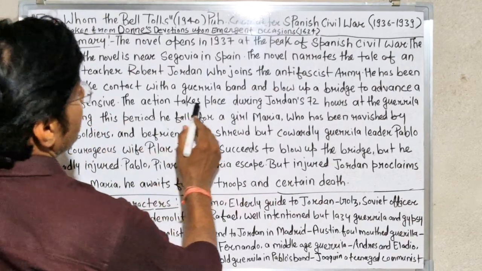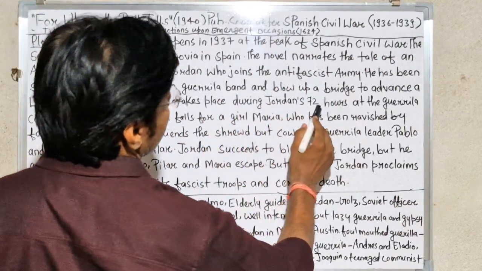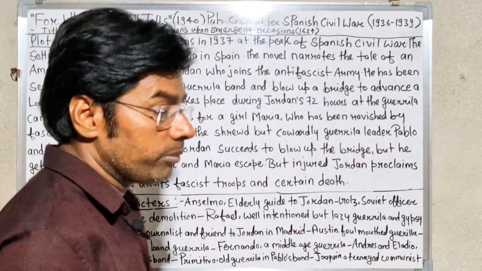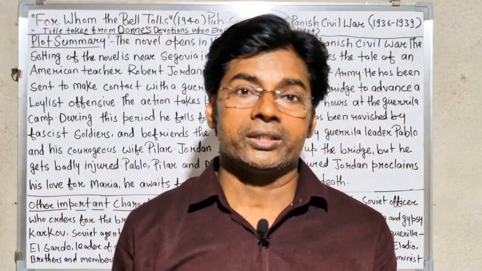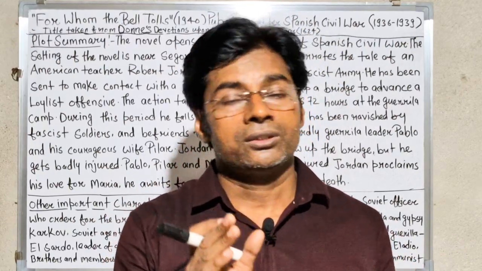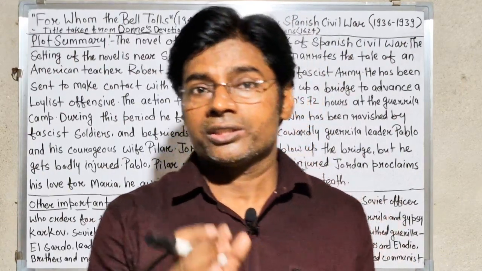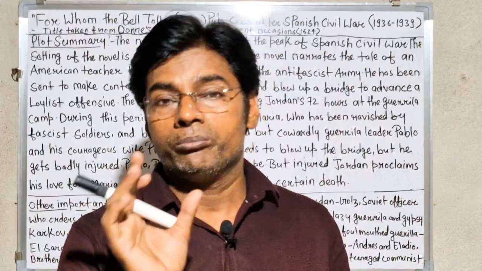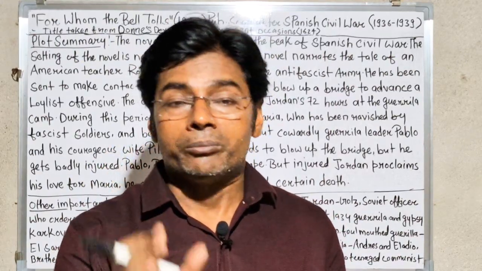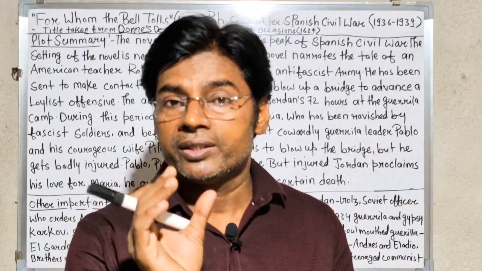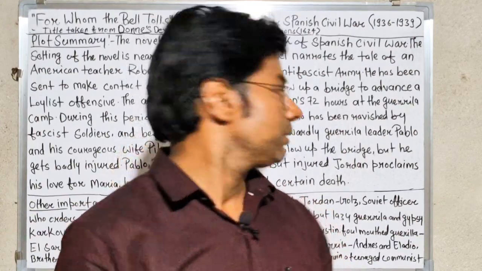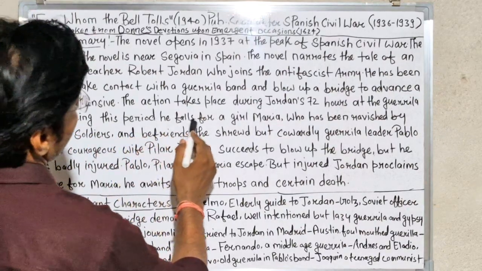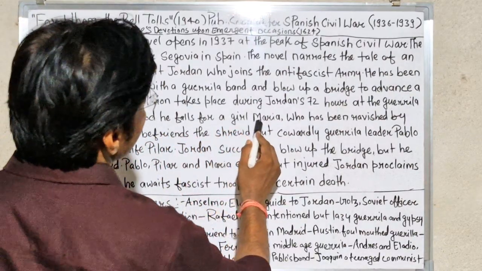The action takes place during Jordan's 72 hours at the guerrilla camp. So remember the time this American teacher spends with the guerrilla band, particularly to blow up that bridge, is 72 hours. During this period, he falls for a young girl, Maria.